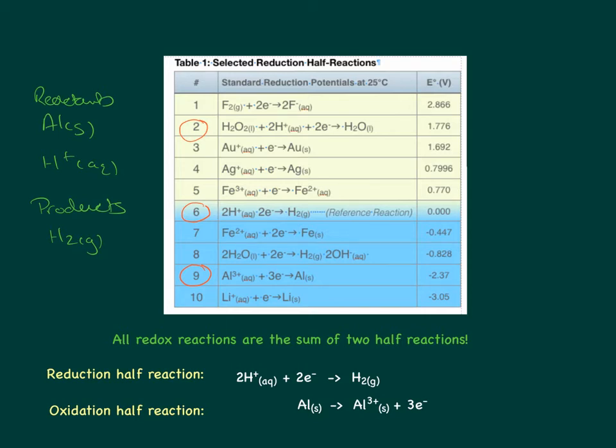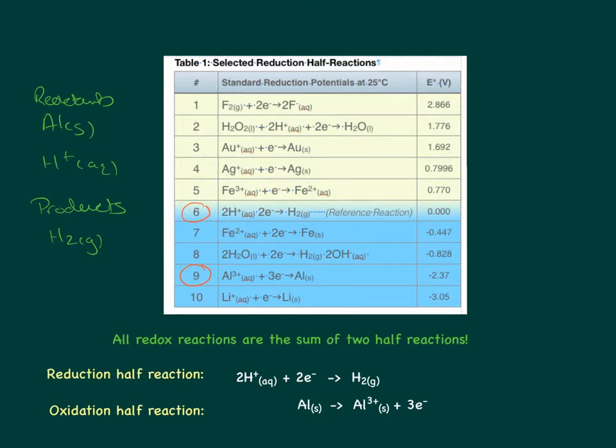But reaction 2 doesn't generate hydrogen gas, so that reaction is not a possibility. That indicates that our two half reactions are reaction 6 and reaction 9. What's important to realize is that all redox reactions are actually the sum of two half reactions. So these are going to be our half reactions.